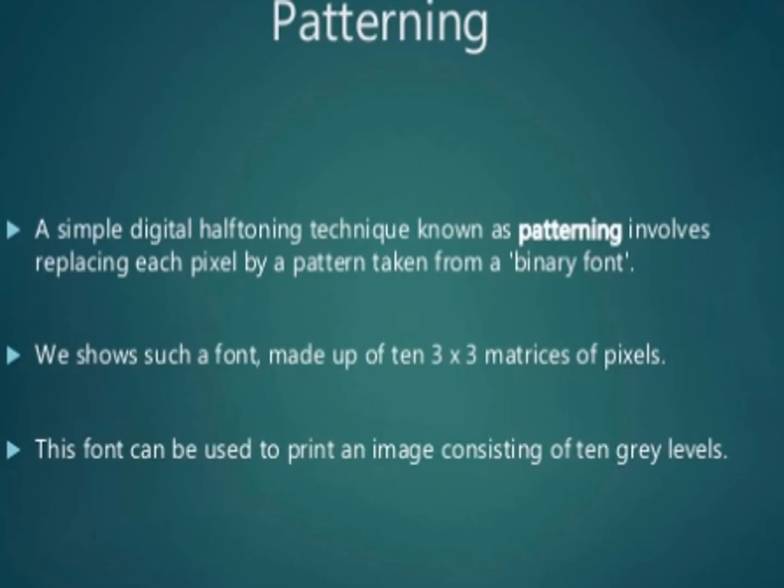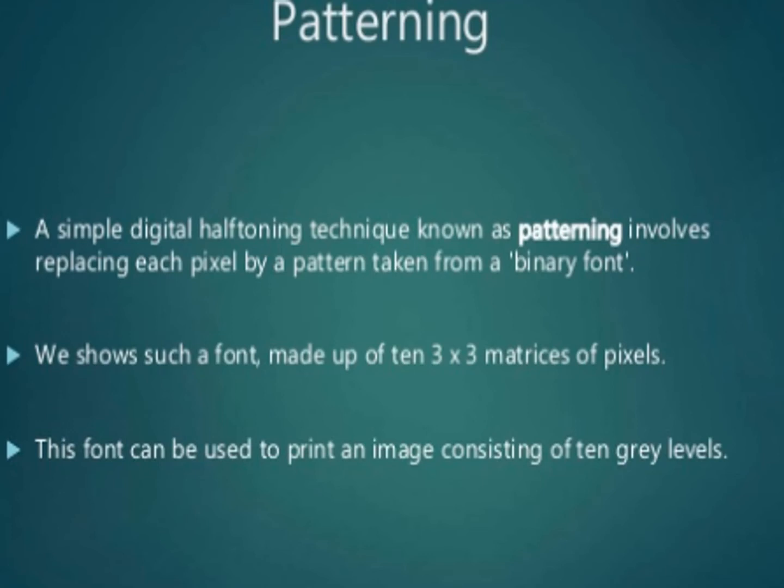Next is patterning. A simple digital halftoning technique known as patterning involves replacing each pixel by a pattern taken from a binary font. In computer graphics, halftone patterns are approximated using rectangular pixel regions, say 2 cross 2 pixels or even 3 cross 3 pixels.